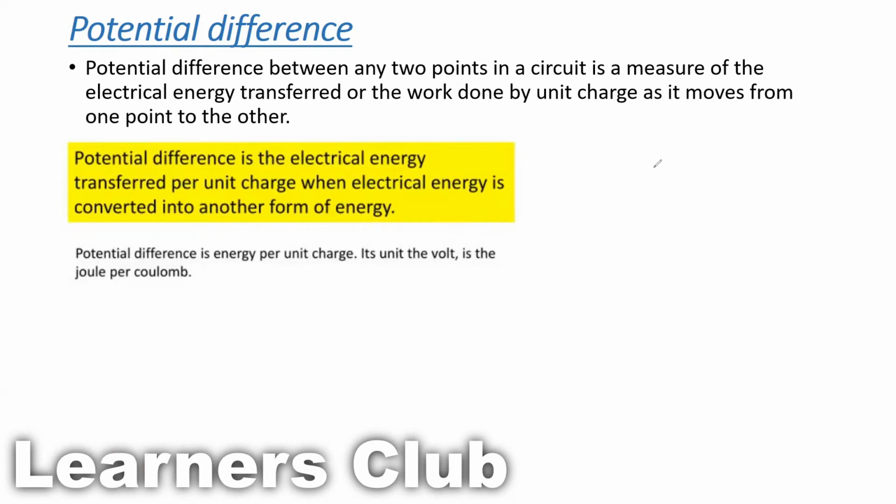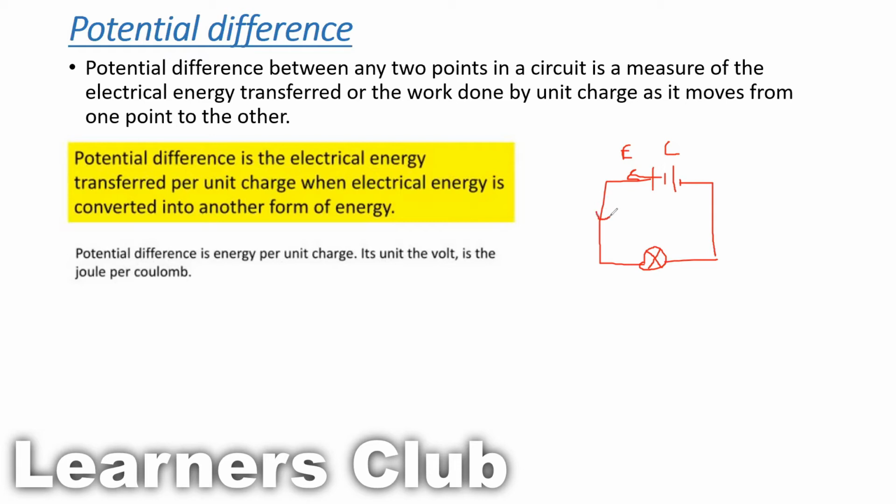So for example, let's consider a battery connected in a closed circuit with a bulb. If the charge passes from the battery to the circuit, then there is a transfer of chemical energy into electrical energy. That is for EMF.